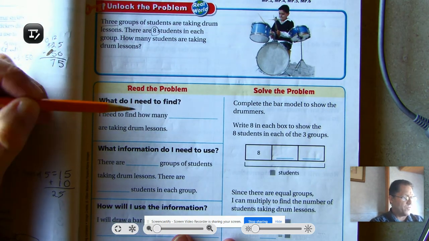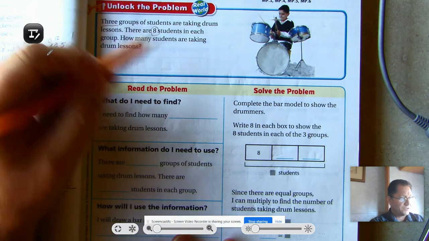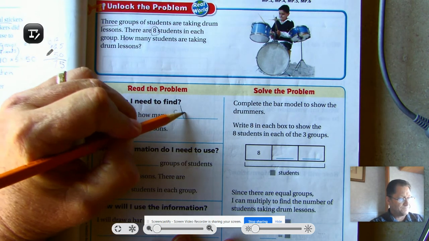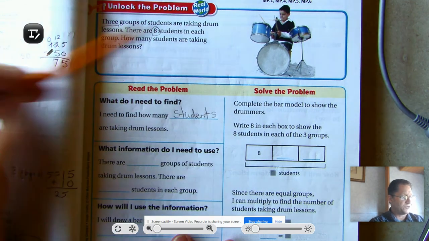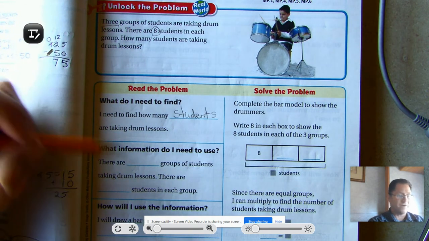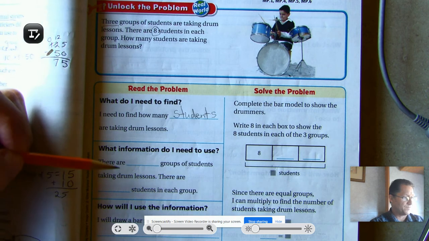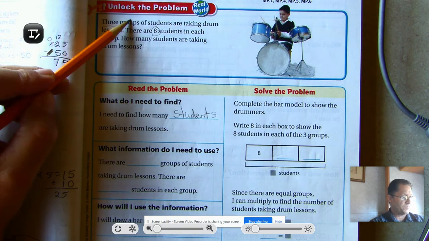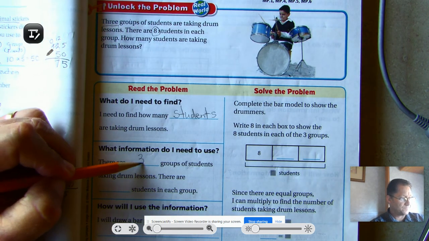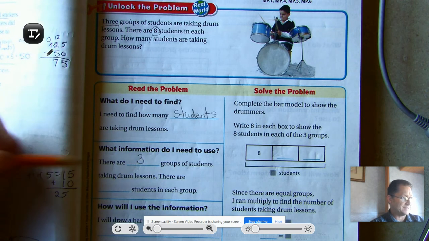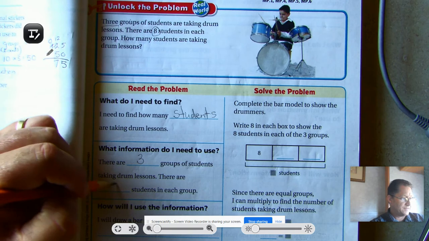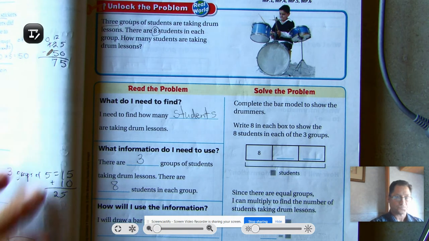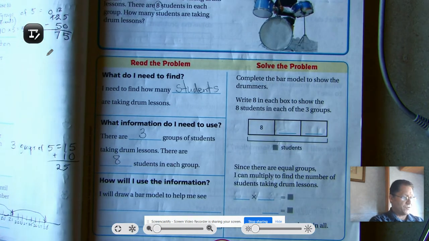I need to find how many students are taking drum lessons. What information do I need from this problem? Well, I know that there are 3 groups of students taking drum lessons, and that in each group there are 8 students. How will I use the information?